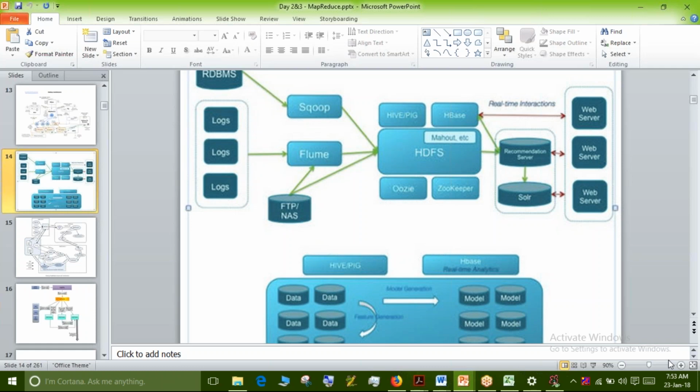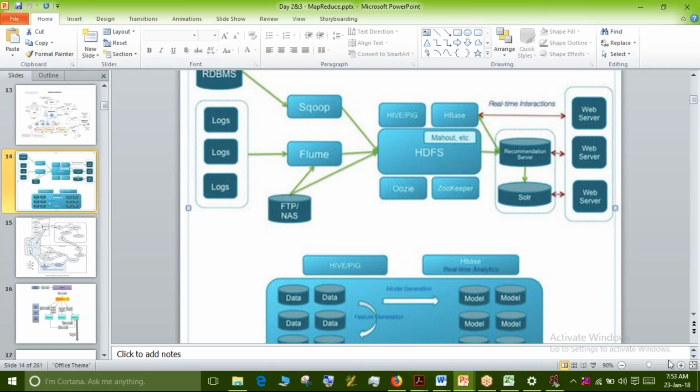You have the recommendation server, where your web server is going to interact with the recommendation server based on the data that is present in your HDFS. Internally, you may be using components like Hive or Pig to crunch the data and push the recommendations to the web server.